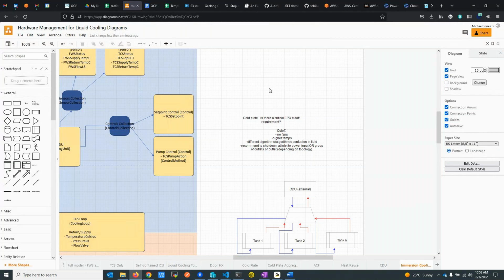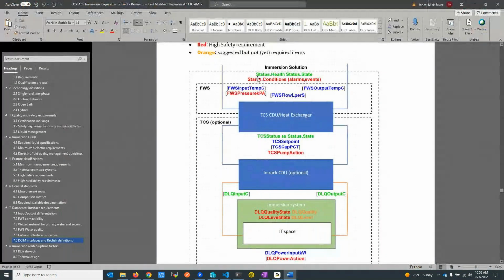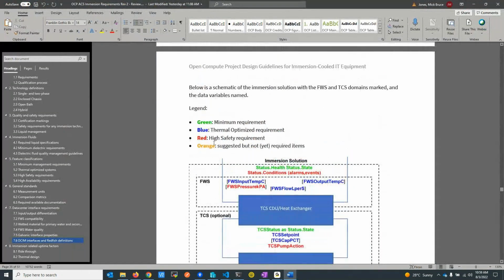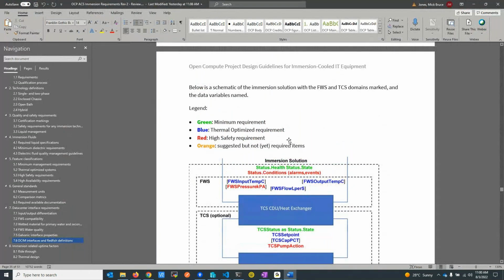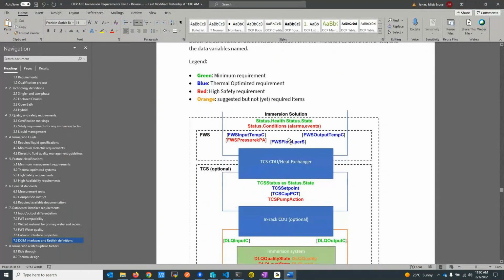In this case, it would be revisions to the immersion cooling document, which is that sub project. Okay, yeah, that's fine. Because I'm currently waiting for that to start again. It's currently a critical red high safety requirement in the immersion cooling document. But like I said, our job here is to make sure it can be implemented.